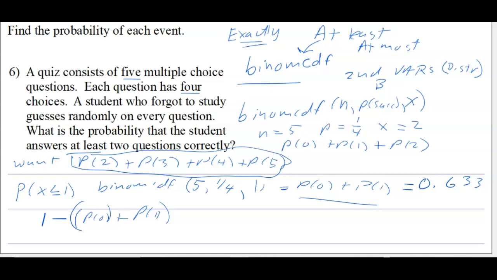You're less likely to get more right if you're guessing, but the real reason is because 1 minus 0.633 is 0.367. That's the probability of getting 2 or more right, but you find it by finding the probability of getting 1 or less right using the CDF function, and then you have to subtract from 1.